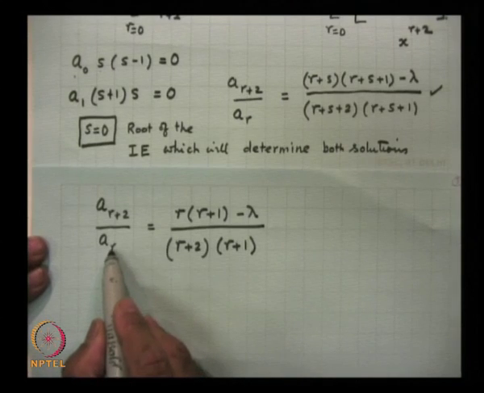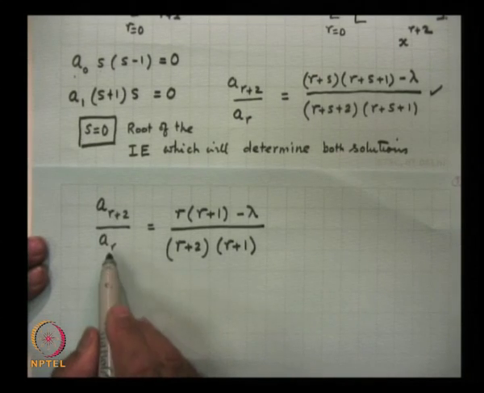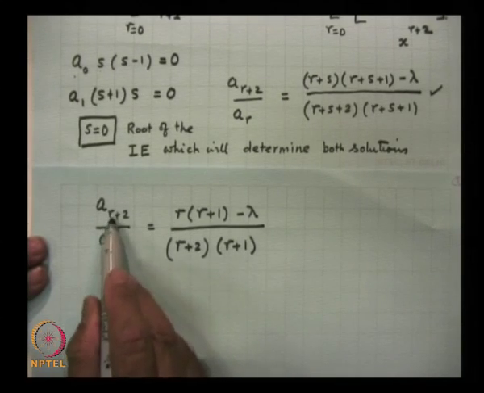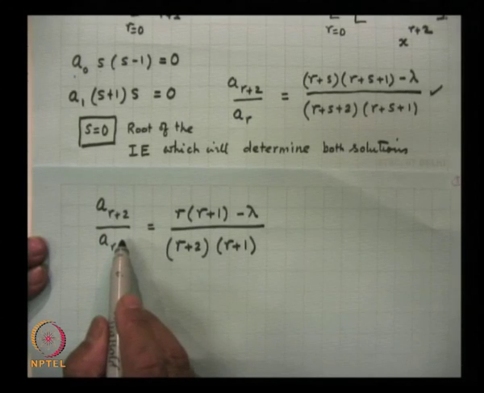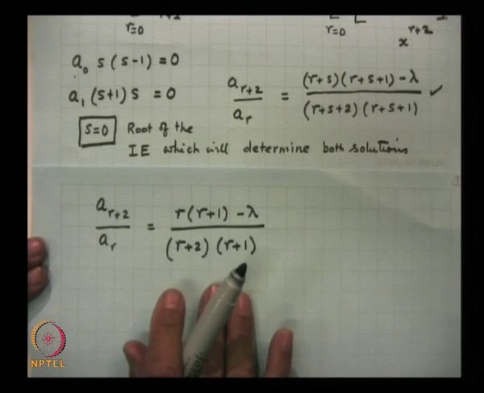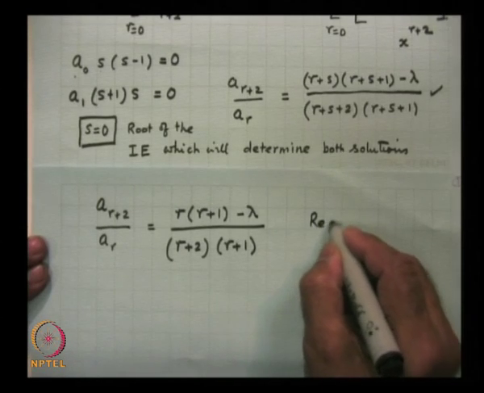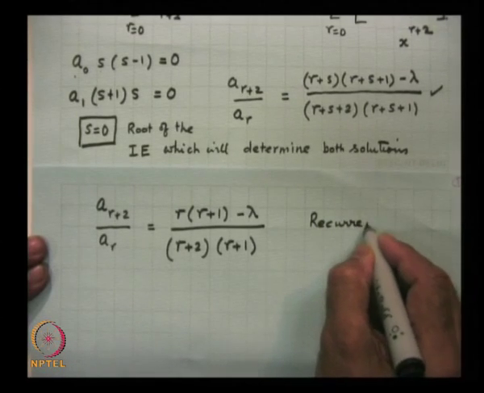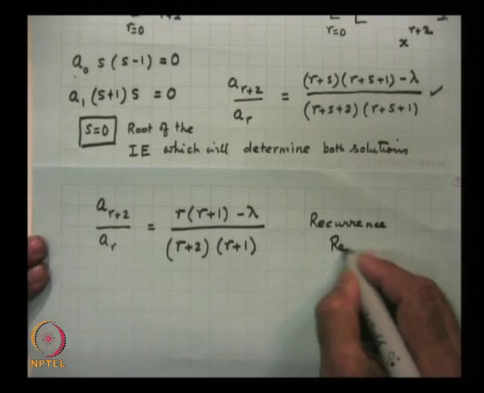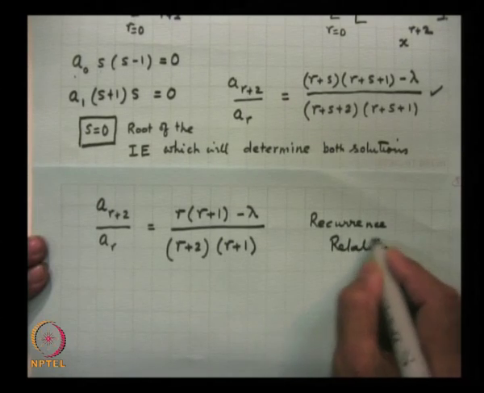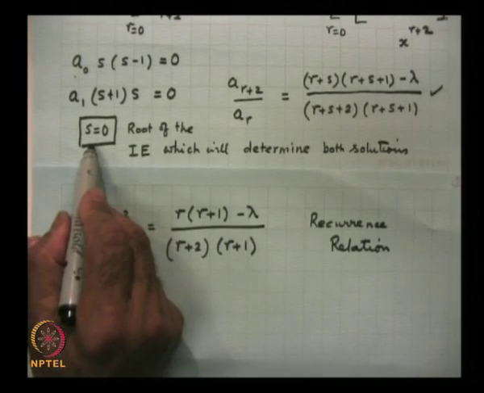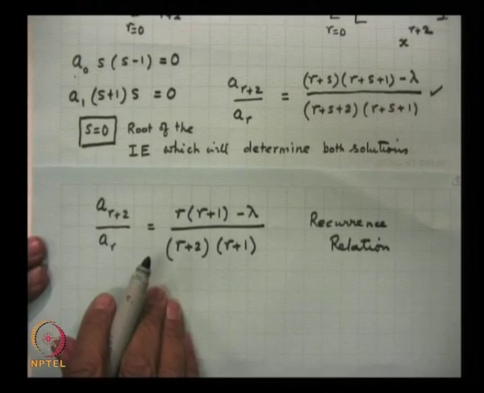Since a0 will be related to a2 and a2 will be related to a4 and so on, this is the recurrence relation, and this is the root of the indicial equation.